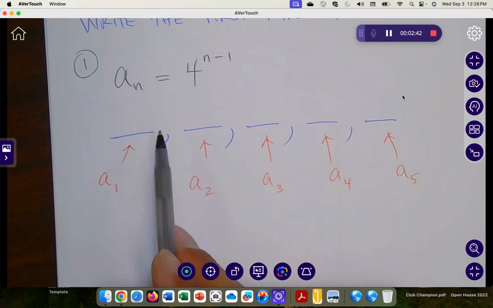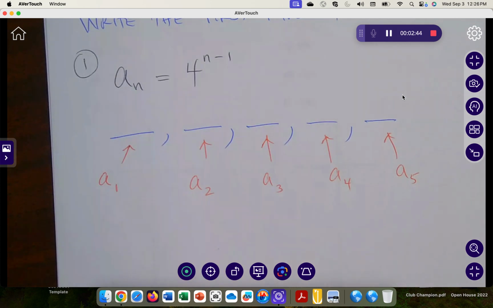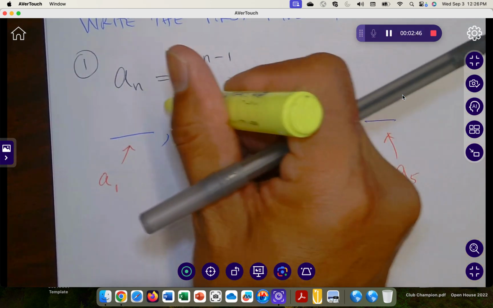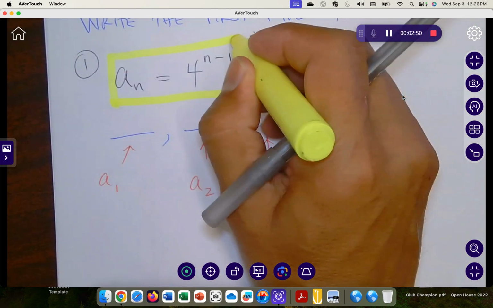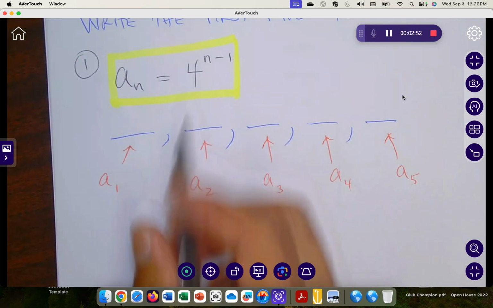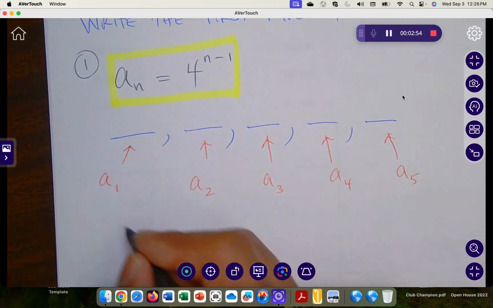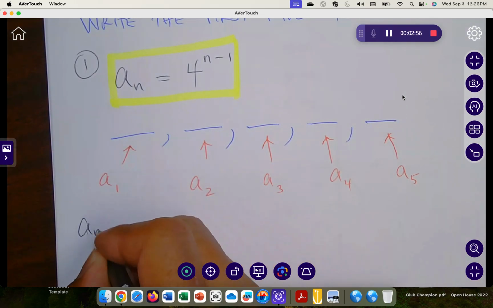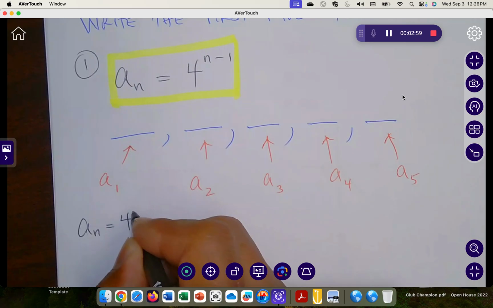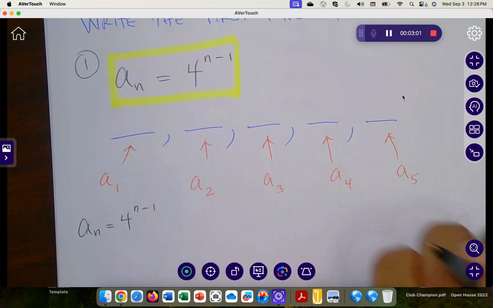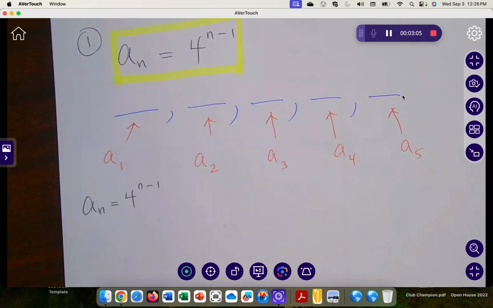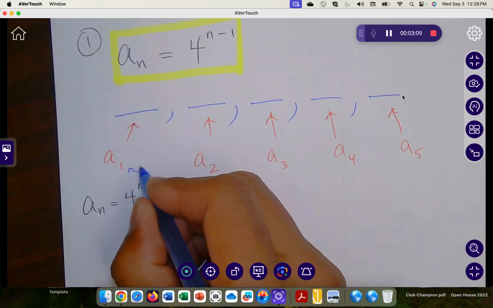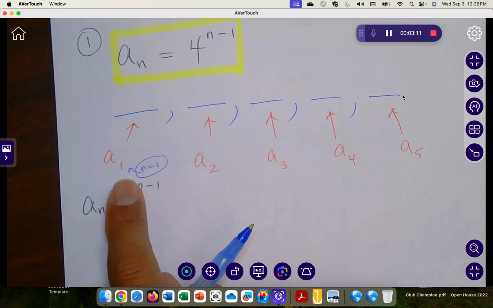All right, let's find the first term. Remember, this is our explicit formula here. We've got to use this for each one. Let me write the formula. A to the n is equal to 4 to the n minus 1. And here, n is equal to what? The first one.